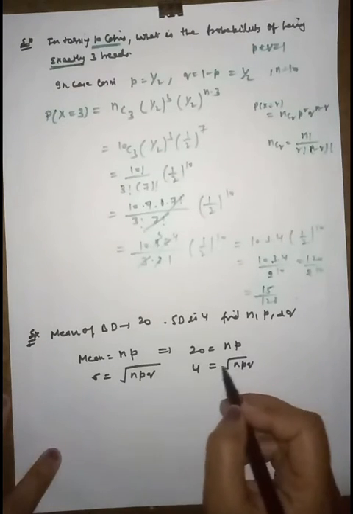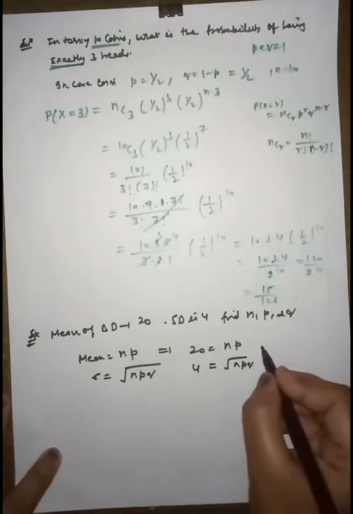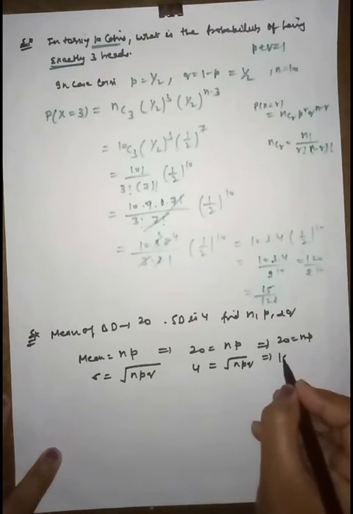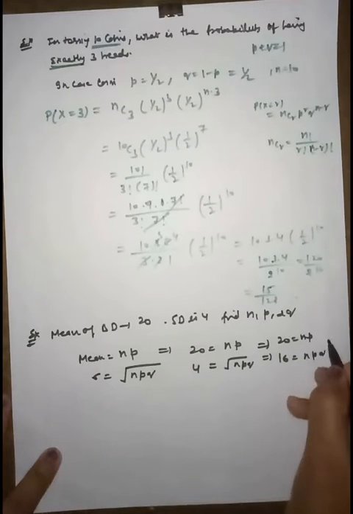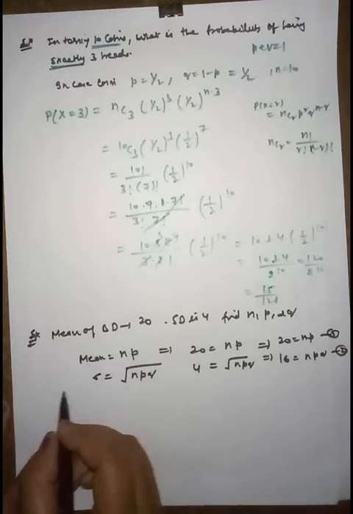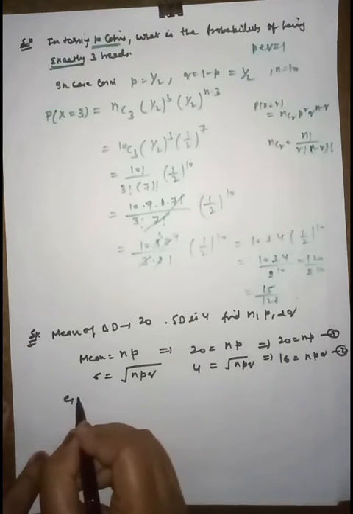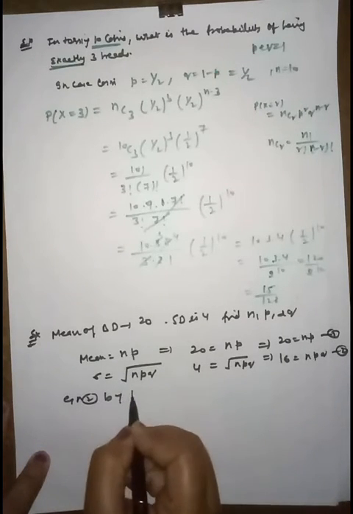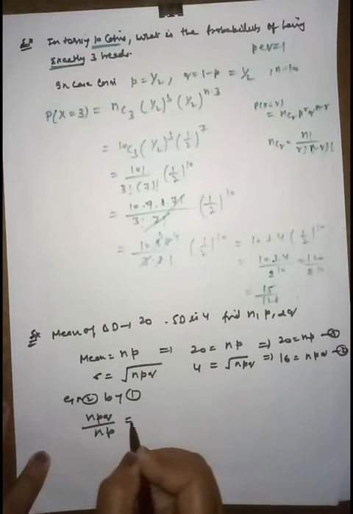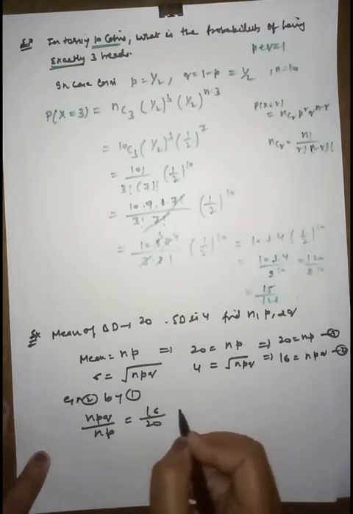Take the square on both sides. So this becomes 20 equals np, and 16 equals npq. This is the first equation and this is the second equation. Now divide equation 2 by 1.